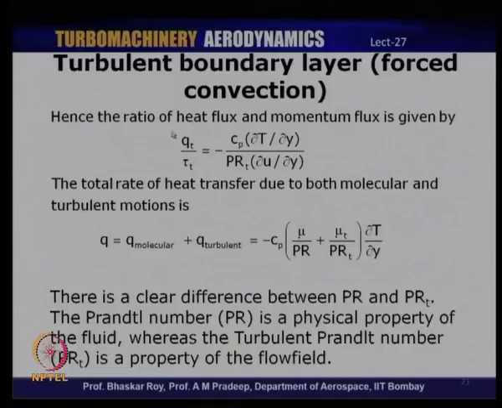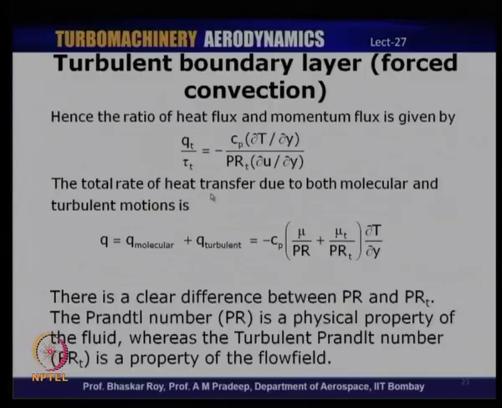We can express the ratio of heat flux and momentum flux as what is given here, that is the heat transfer q_t to the momentum flux is equal to minus C_p into the temperature gradient and the turbulent Prandtl number multiplied by the velocity gradient. So, we can relate the heat flux and the momentum flux through the temperature gradient and the velocity gradient.